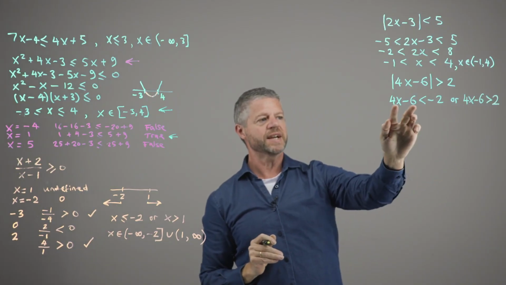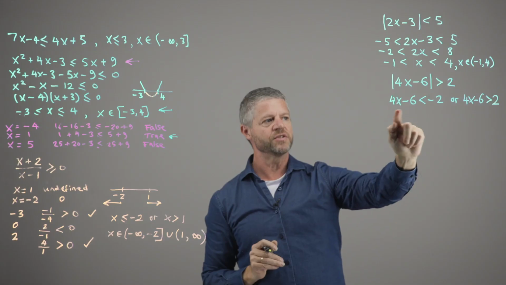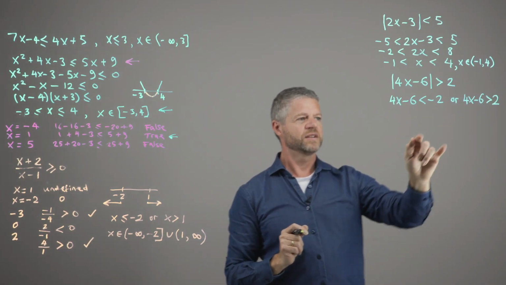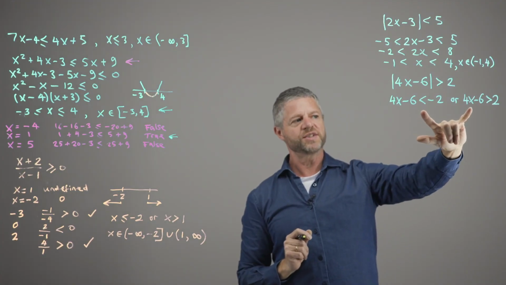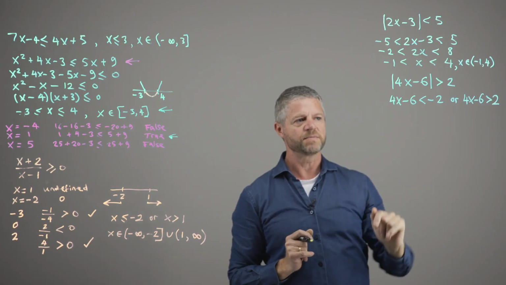Because then when we take the absolute value of it, the absolute value would be greater than 2 if either of these conditions holds. So we have 2 inequalities to work with, 2 linear inequalities. So we just have to work both of them.